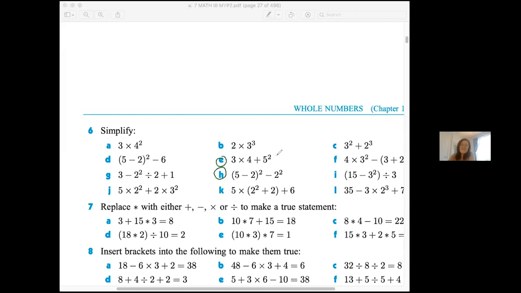So 5 times 5 is 25. And now we move on to division, but there's no division. And then it's multiplication. So 3 times 4 is 12. And then plus whatever we get with 5 to the power of 2, which is 25. And that gives us the answer of 37.